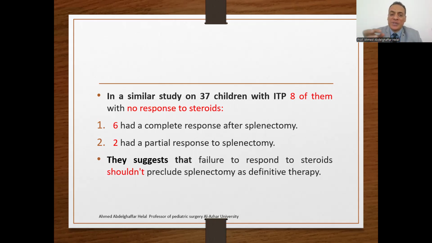So the authors suggest that failure to respond to steroids shouldn't preclude or prevent splenectomy as a definitive therapy. It is very important for all pediatric surgeons to understand that medical treatment failure shouldn't preclude or prevent splenectomy as the second definitive treatment for the ITP patient.